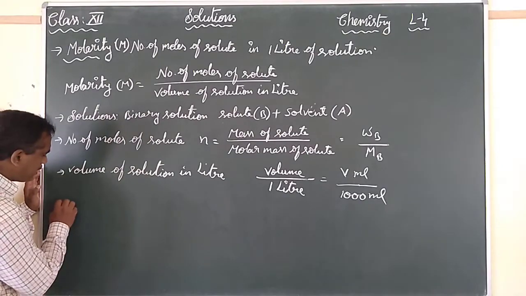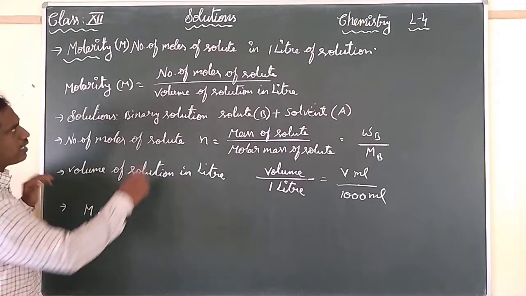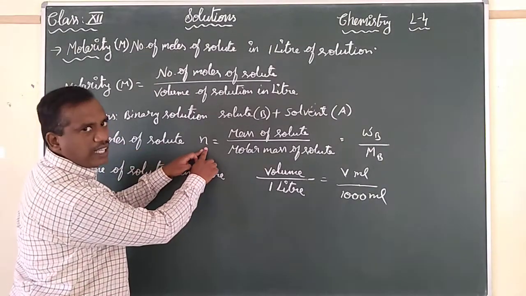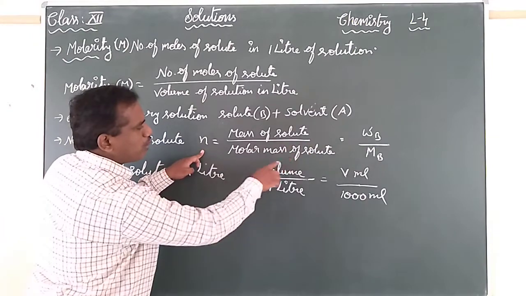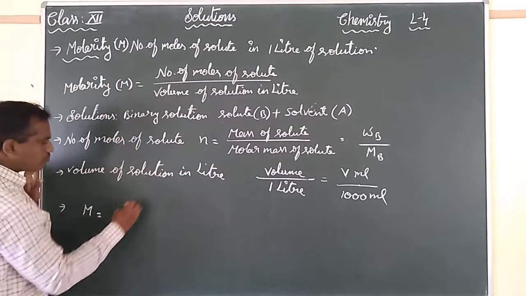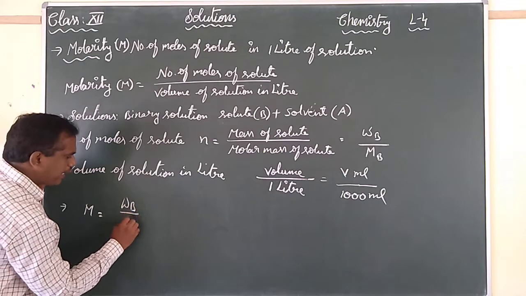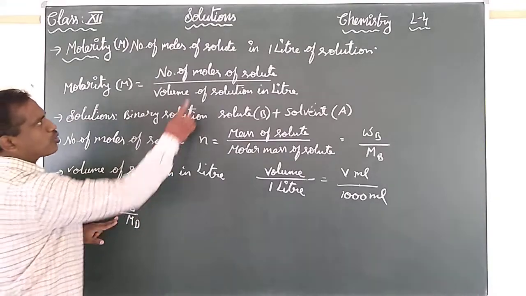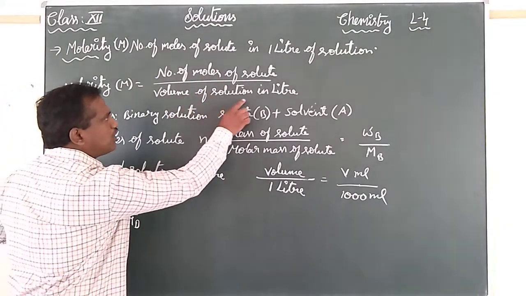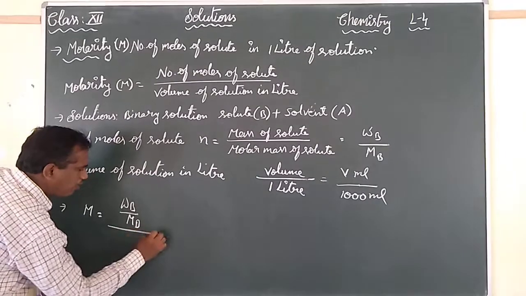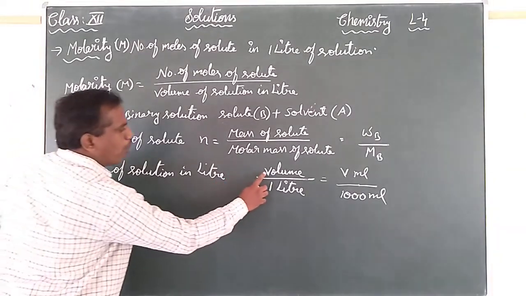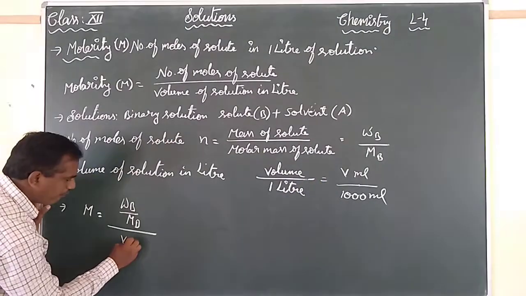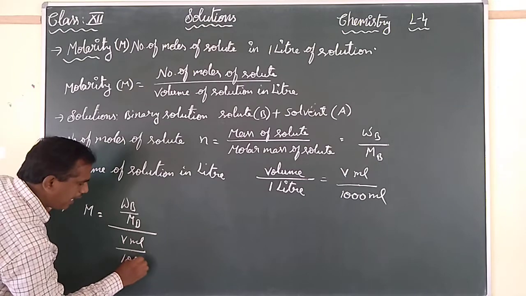Molarity is equal to number of moles of solute. How to represent it? n is nothing but mass of solute by molar mass of the solute, so WB by MB. This represents the number of moles of the solute, divided by volume of solution in liter. Volume is given per liter, so V mL by 1000 ml.